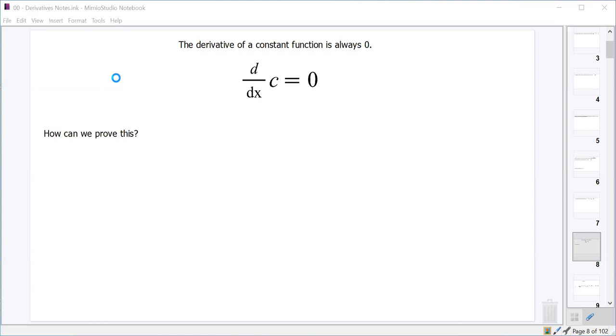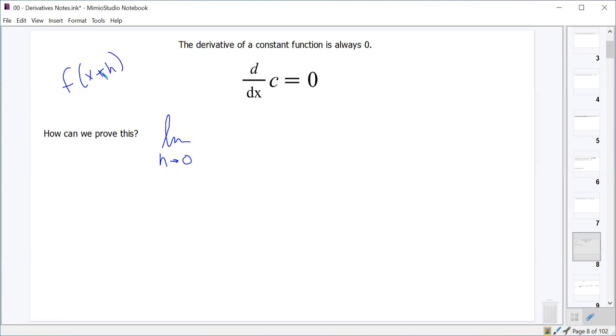First is this one, that the derivative of a constant is 0. And we're going to prove this by doing a limit as h approaches 0 of our function at the x value of x plus h. So if we think about what f of x plus h means, it just means what's the y value of the function, or what is the function at x plus h?